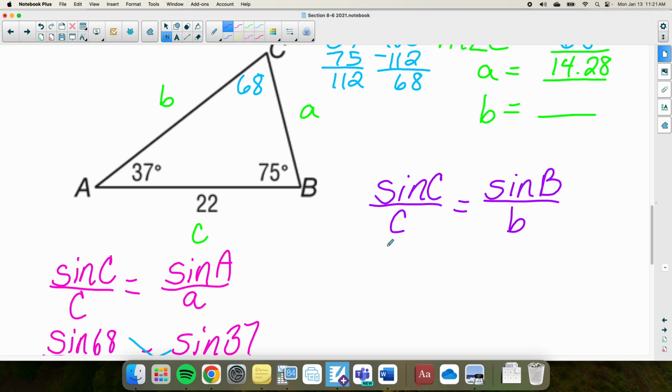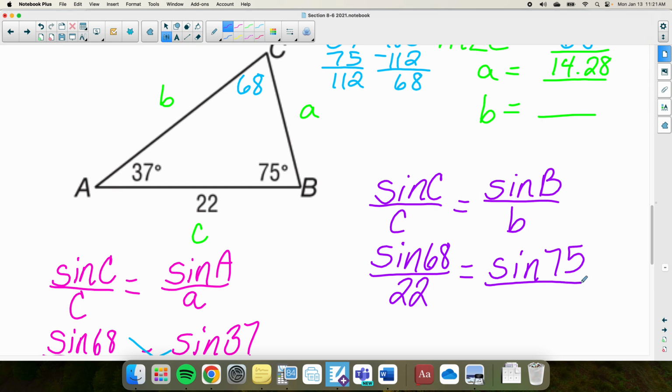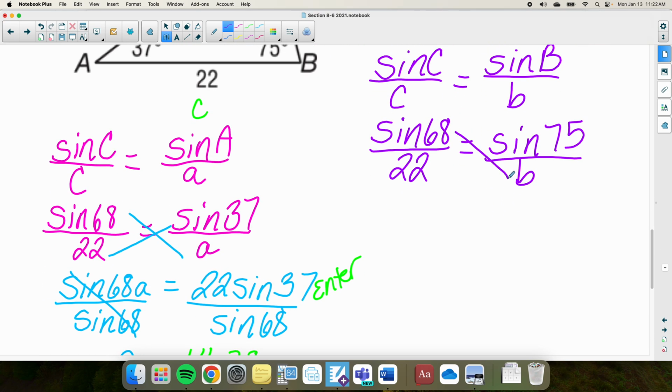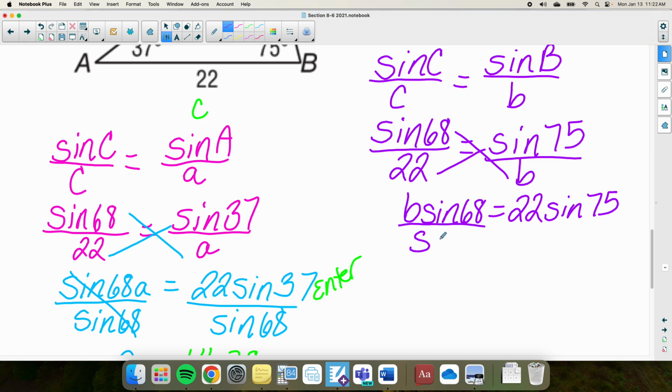Then I plug in, so I'd go sine of 68 over 22 equals sine of 75 over little b that I'm trying to find. Multiply this and I get b sine 68 equals 22 sine of 75, okay? This is multiplied, so I'm going to divide.